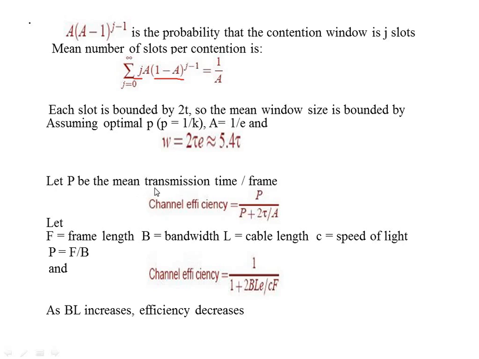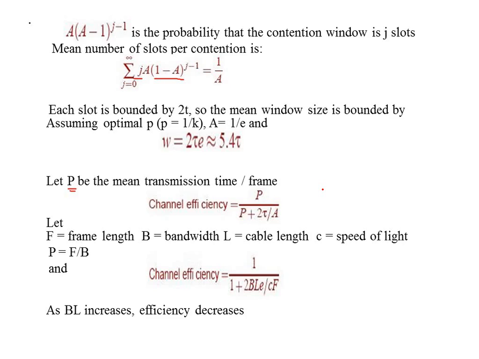Now if P is the mean transmission time per frame, here it is not a small p, it is a capital P. Every time we talk about the performance of the channel or network, we talk in terms of channel efficiency.